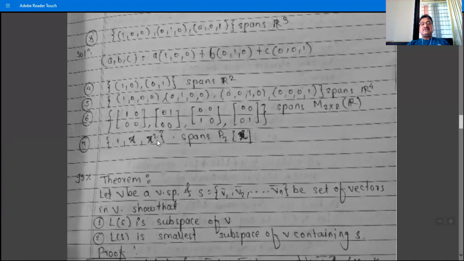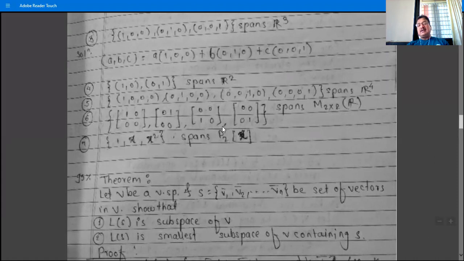Similarly, 1, x, x square spans P2(x), or P2. What is P2(x)? P2(x) is the vector space of all polynomials of degree less than or equal to 2. And these three vectors, actually these are the three polynomials 1, x and x square, span P2(x).